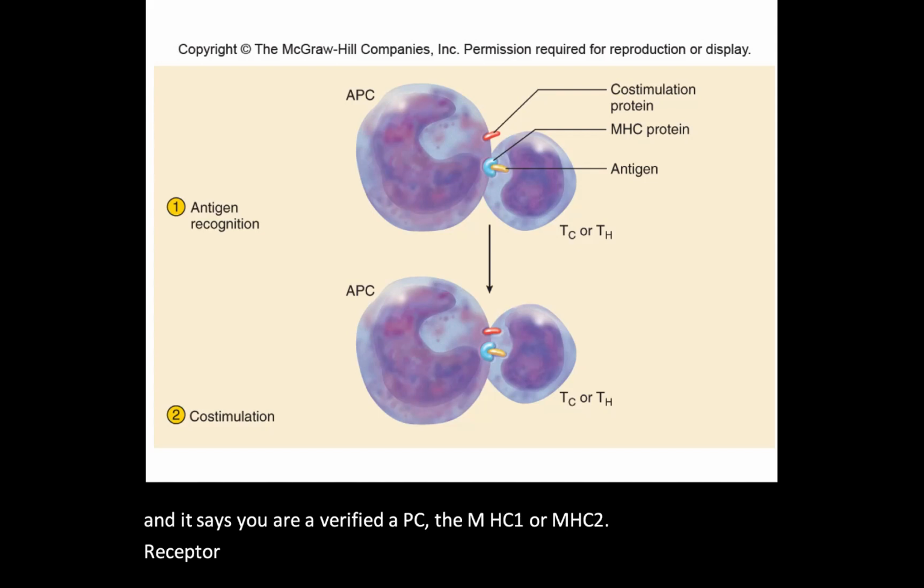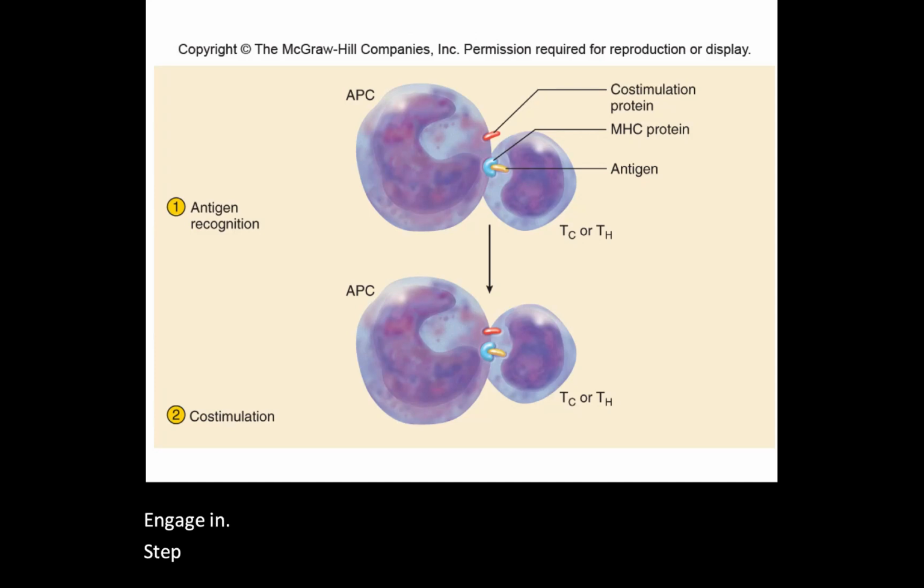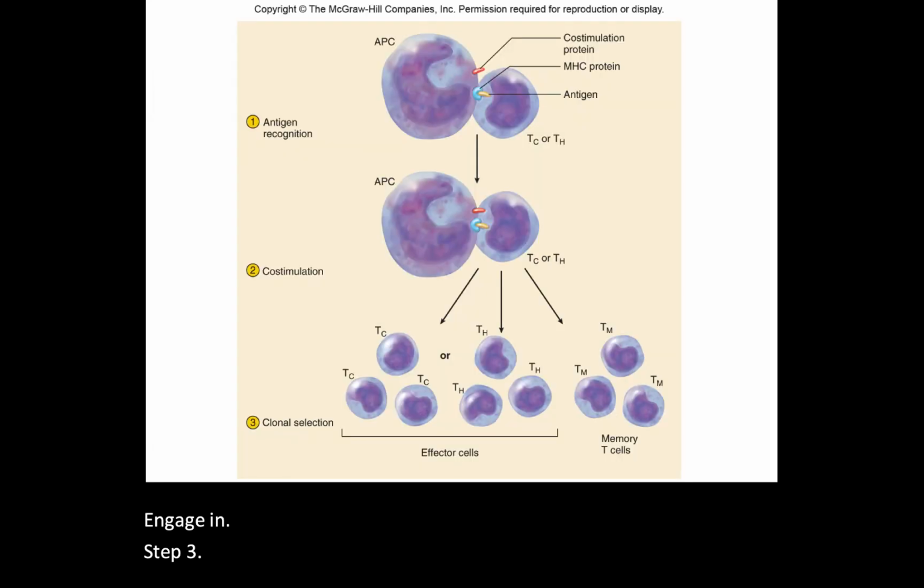That epitope is legit with the antigen, and we can go ahead and then engage in step 3. And during step 3, we have cloning of the cytotoxic cell or the helper T cell.